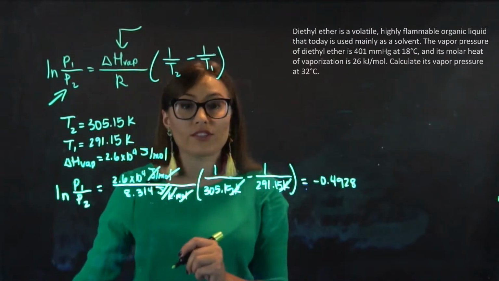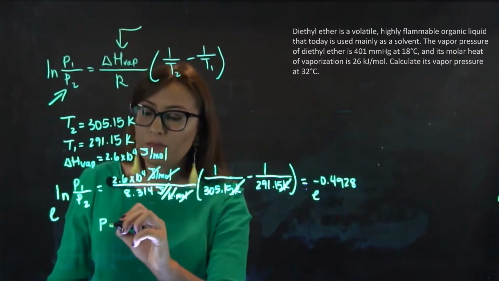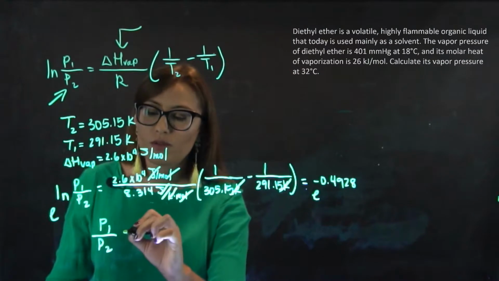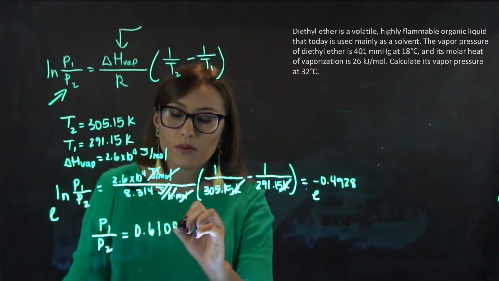In order to take the inverse of ln, we put everything to e. So we'll simplify this down to P1 over P2 is equal to 0.6109.